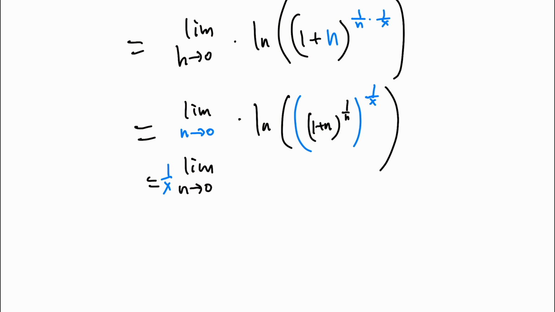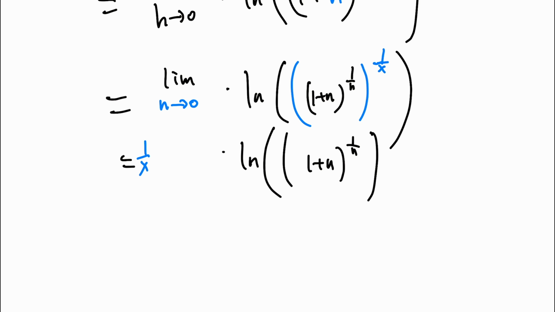So that's 1 over x times ln of 1 plus n to the 1 over n power. And we can put that limit into the logarithmic function. So put that limit inside. So something like this times the ln of the limit as n approaches 0 of this.